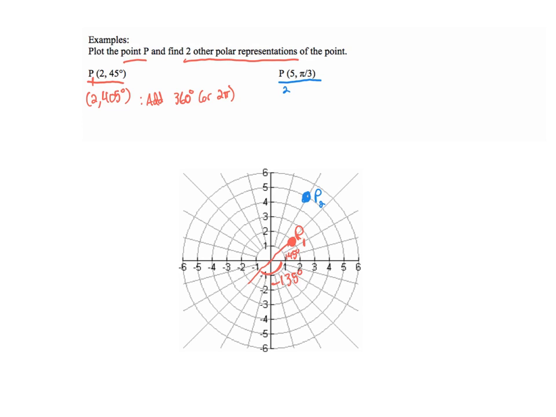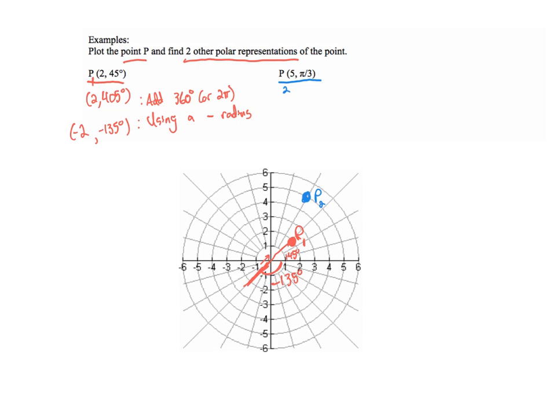But then if I'm using negative 135 degrees, I don't want to go forward along this angle because that would put me in the wrong quadrant. To get back to point P1 and be at the same place, I would want to go backwards instead. So I would record that as (-2, -135°). And this would be using a negative radius to get an alternate representation.